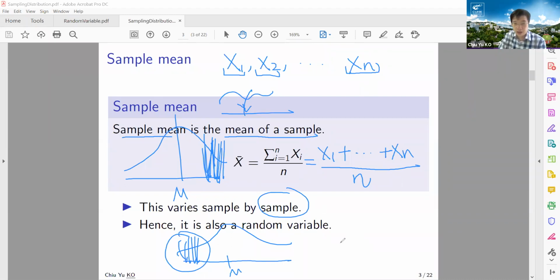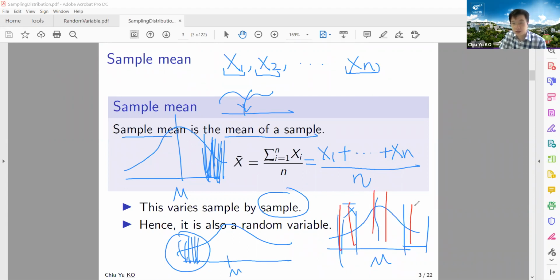Usually what you actually draw will be here, here, here. With mu, the x bar can be here. Or sometimes you draw another sample like this, and the x bar will be here. Before you draw, you never know. Once you have drawn, it can be anything. Is that okay for the sample mean?